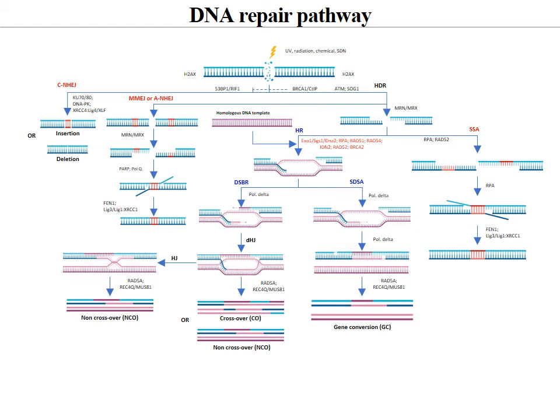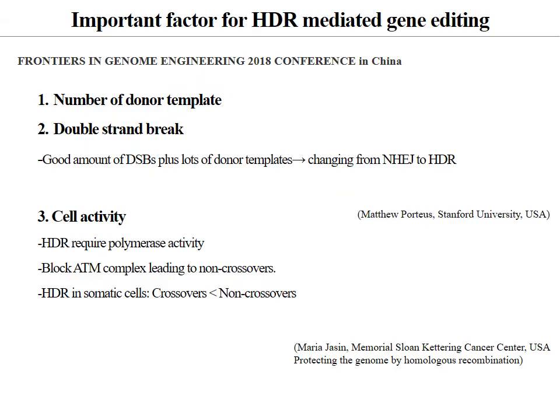So I already referred to this one. HR efficiency is very low compared to non-homologous end joining, and HR is only 1%. And many people want to improve this efficiency, our lab also. So I will introduce one short brief piece of information. We already know the important factors for HR mediated genome editing for gene knock-in.